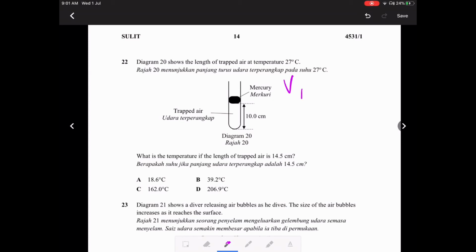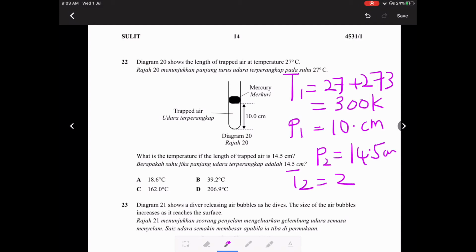So V1, 27 campur 273, so 300. Ini ialah volume. Okay, so V1 per T1 sama dengan V2 per T2.